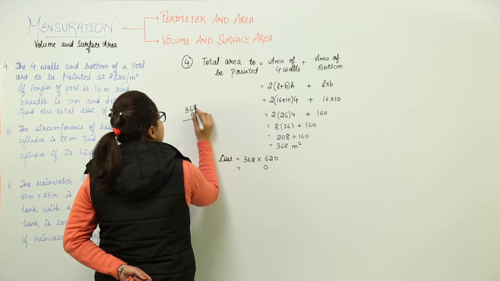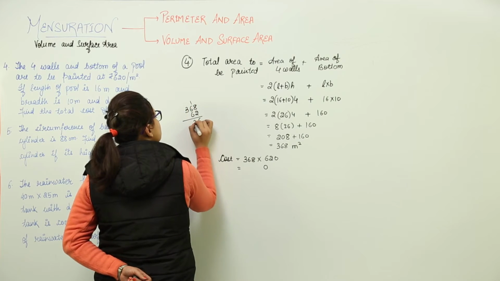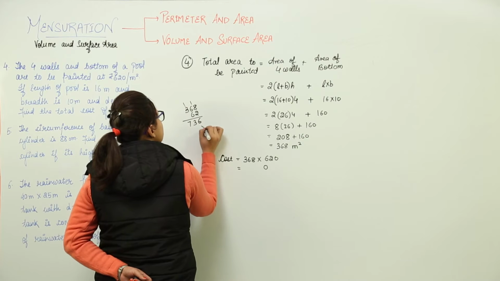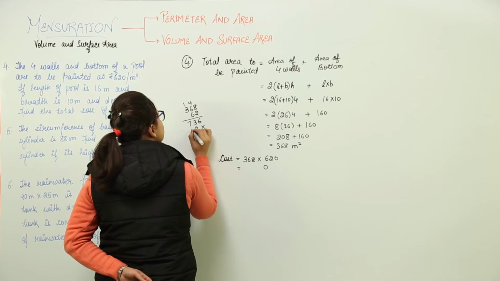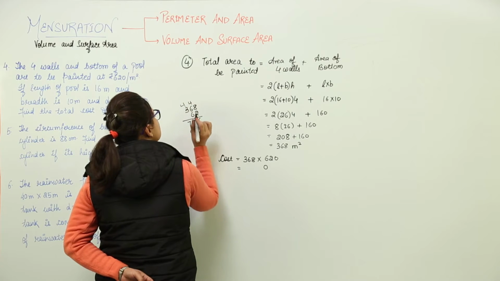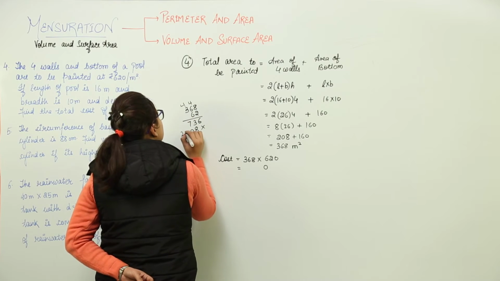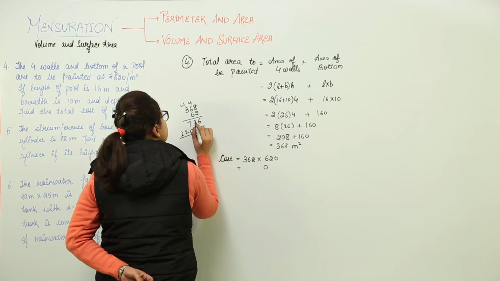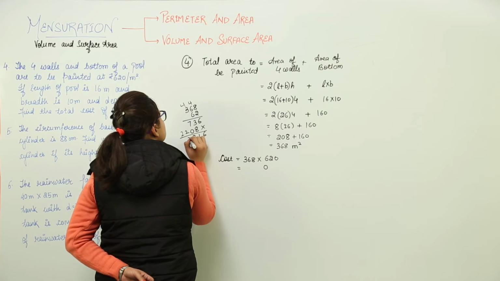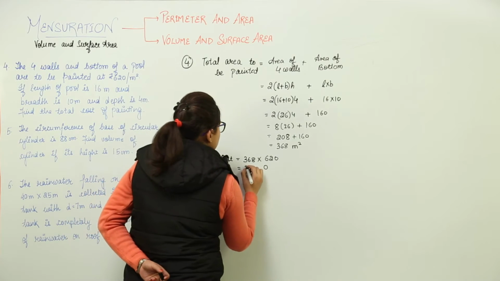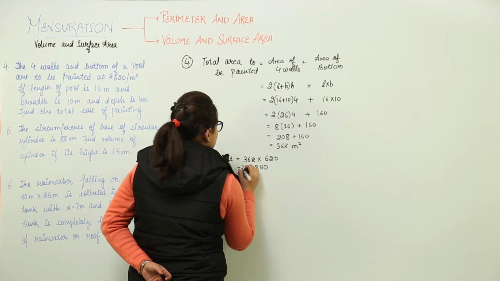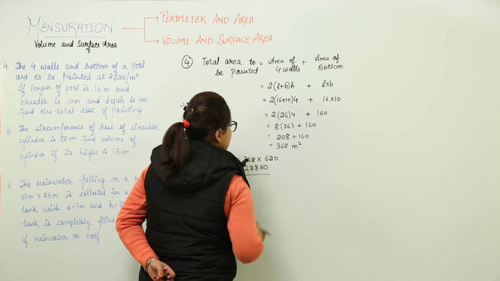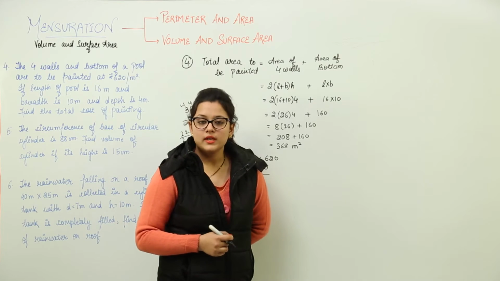Let us multiply. 2 8s are 16, 1, 2 6s are 12, 13, 1, 2 3s are 6 and 7, 6 8s are 48, 4, 6 6s are 36 plus 4, 40, and 6 3s are 18 plus 4, 22. We get 6, 18 plus 3, 11, 8, 2 and 2. So we get 228,160 as the cost for all this, right?